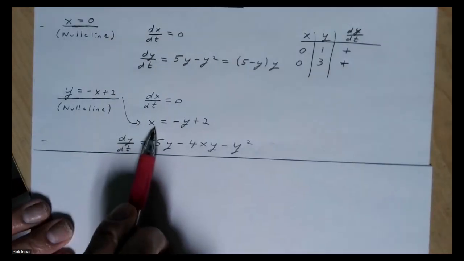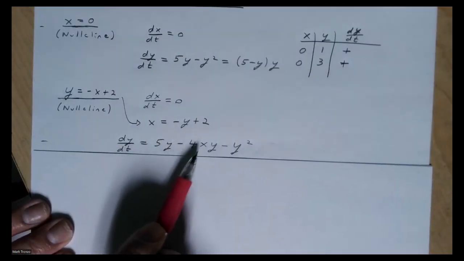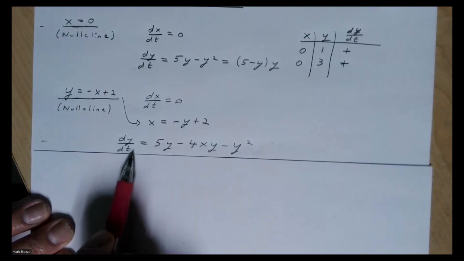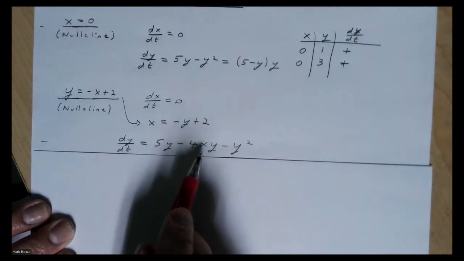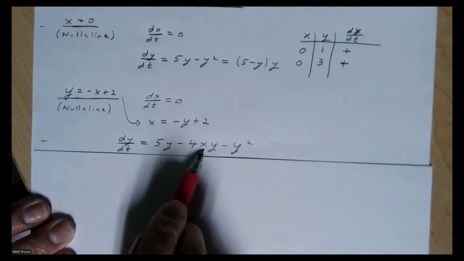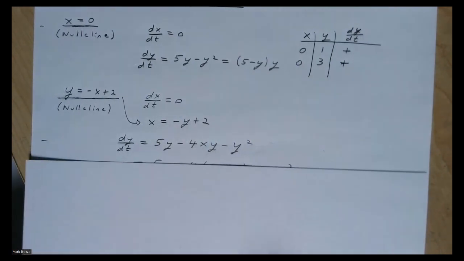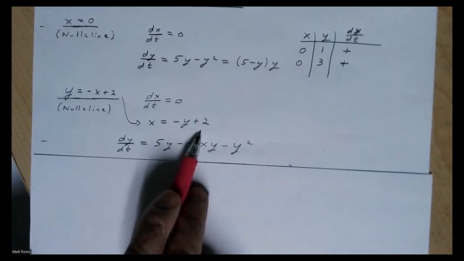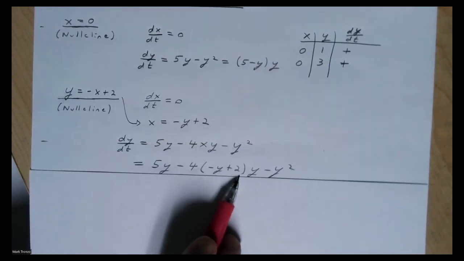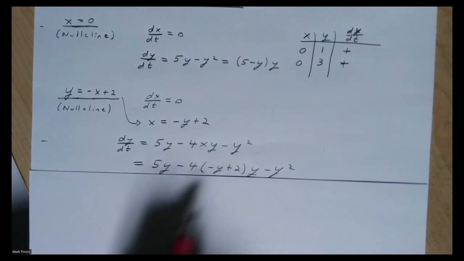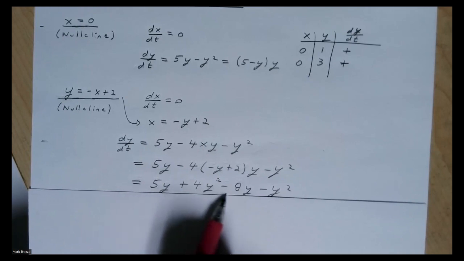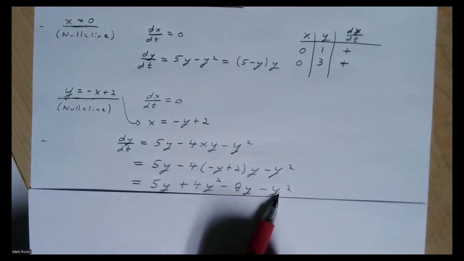So now I'm going to substitute this into our original dy dt. I'm going to substitute for x right here, so I'm going to put minus y plus 2 into there. I did that, then multiplied this all out and got this.